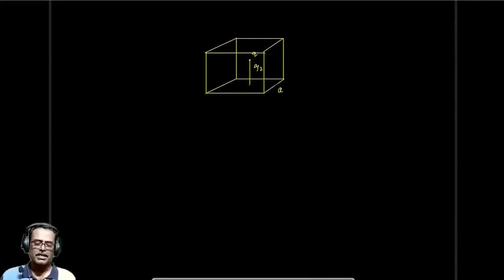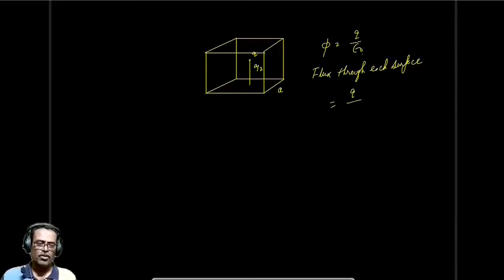So we can say that the flux emitted will be equally distributed over the 6 surfaces of the cube. Therefore, total flux phi is equal to Q by epsilon 0, and flux through each surface will be 1/6 of the whole. That is the answer.